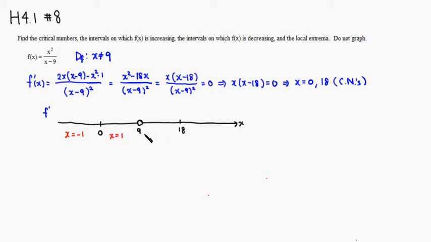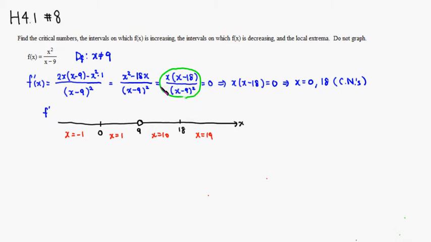Between 9 and 18, I'll try 10. And anything bigger than 18, I'll try 19. Let's look at the sign. I'm going to focus on the numerator, since the denominator already has a square, so it's always non-negative and we don't have to look at that.